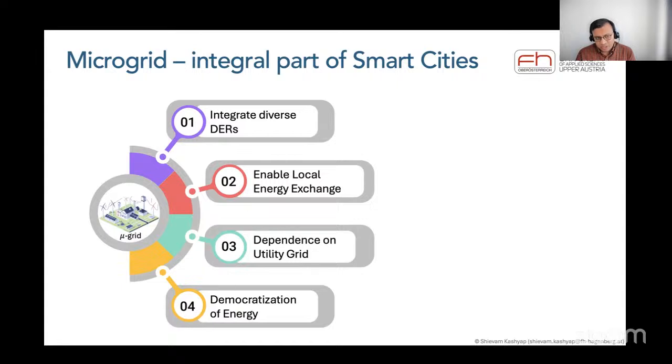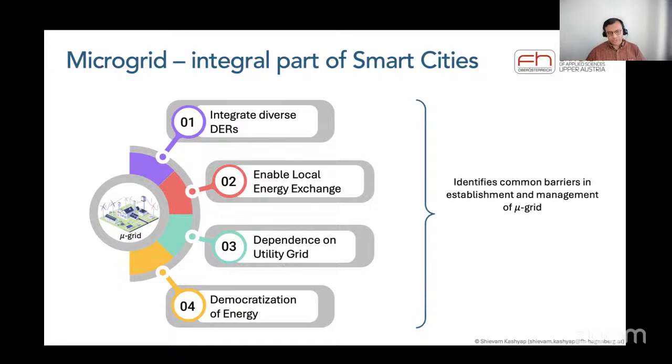Then it further reduces the dependence on the utility grid and the associated congestions on the grid, especially in the context of smart cities. And then it helps in democratization of energy, which is an integral part of the smart cities.